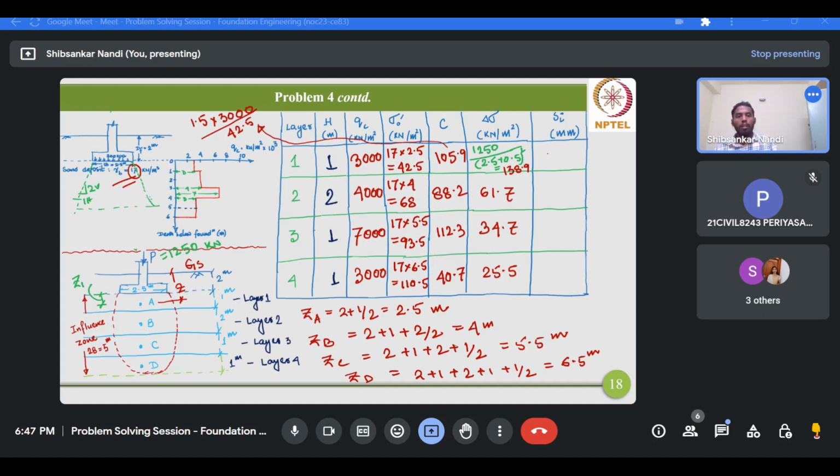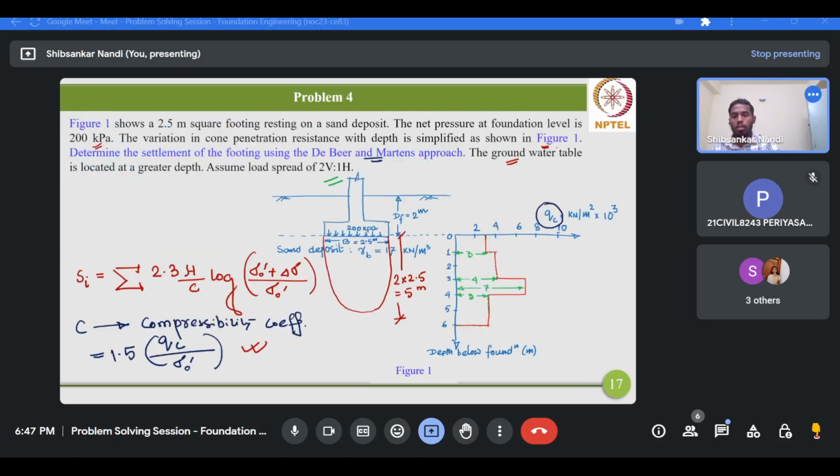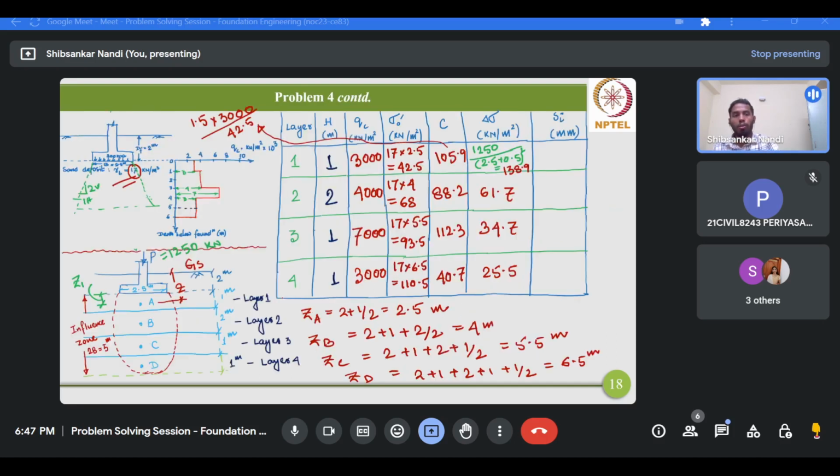Now it becomes very easy to calculate the settlement, because you just have to employ this expression: 2.3 times h by C log of (sigma 0 prime plus delta sigma) by sigma 0 prime. If we utilize that expression given by De Beer and Martens, we can calculate the individual layer settlements as 13.7 mm.